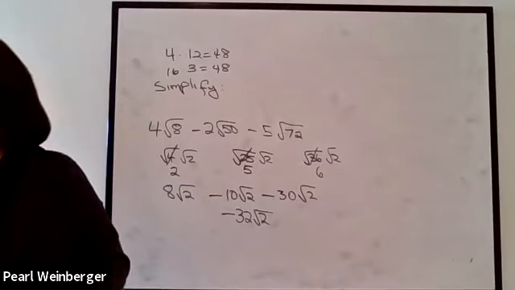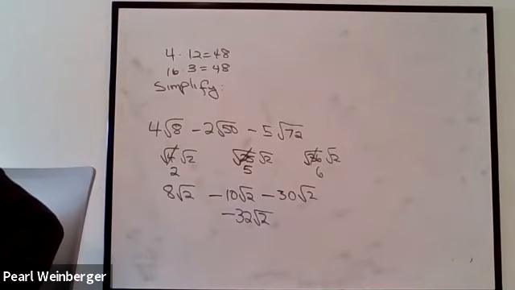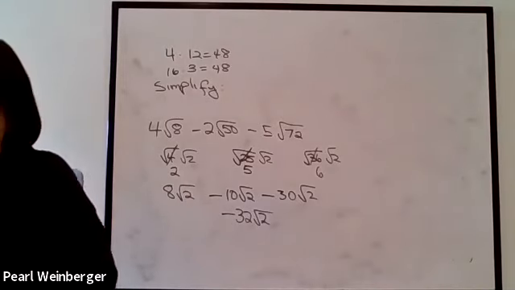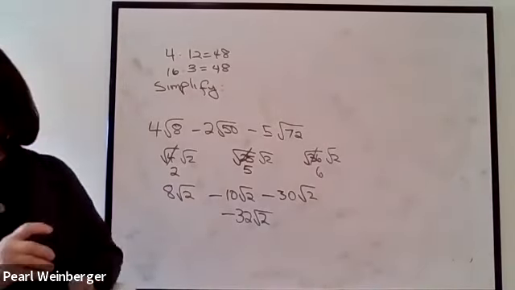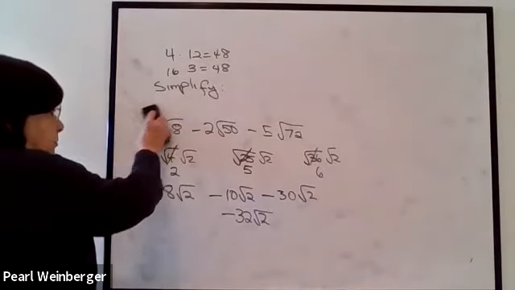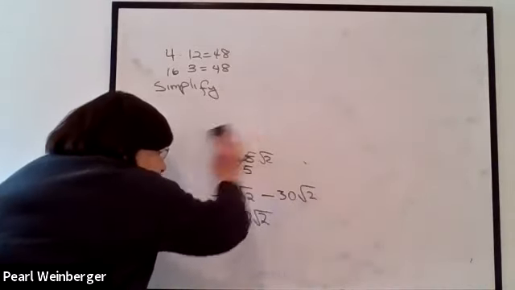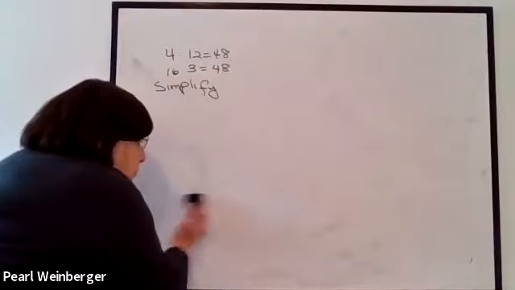So let's just touch on what we do when we want to multiply radicals. We're going to talk about multiplication, and then we'll go on with division next time. But let's just talk about the rules for multiplying radicals. Remember, our rule for adding and subtracting was only like radicals.